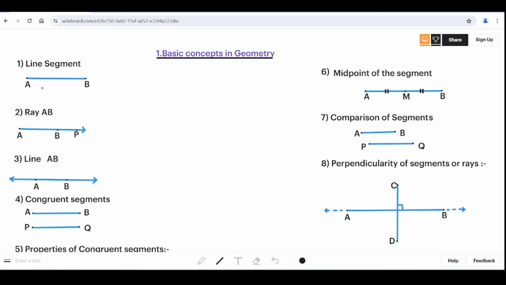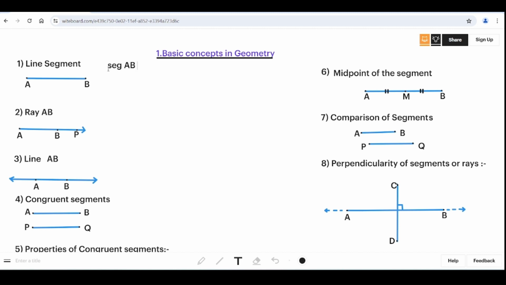Hence, A and B are both the endpoints, and all the points between them, their union set, generate a line segment.